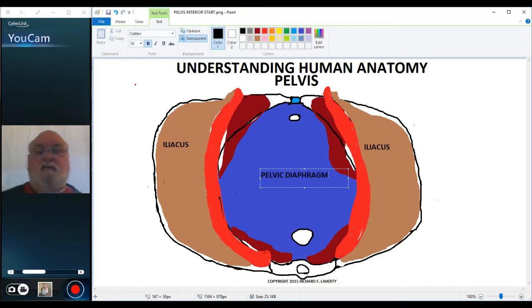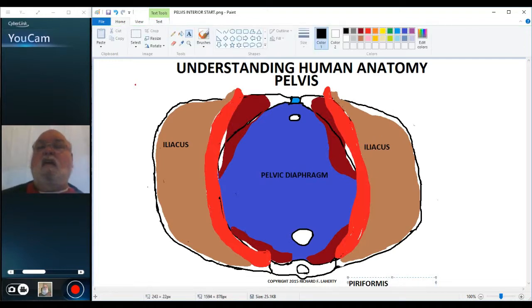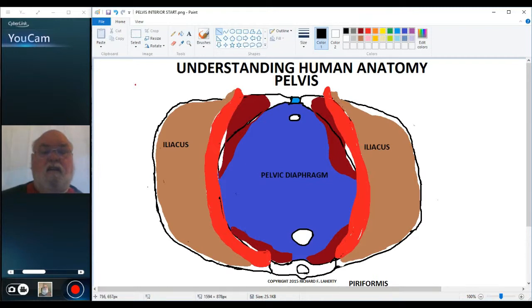And remember, that is the combination of levator ani and coccygeus. Let me type a label for piriformis, and connect a line from the label to the muscle. I'll do the same on the other side.